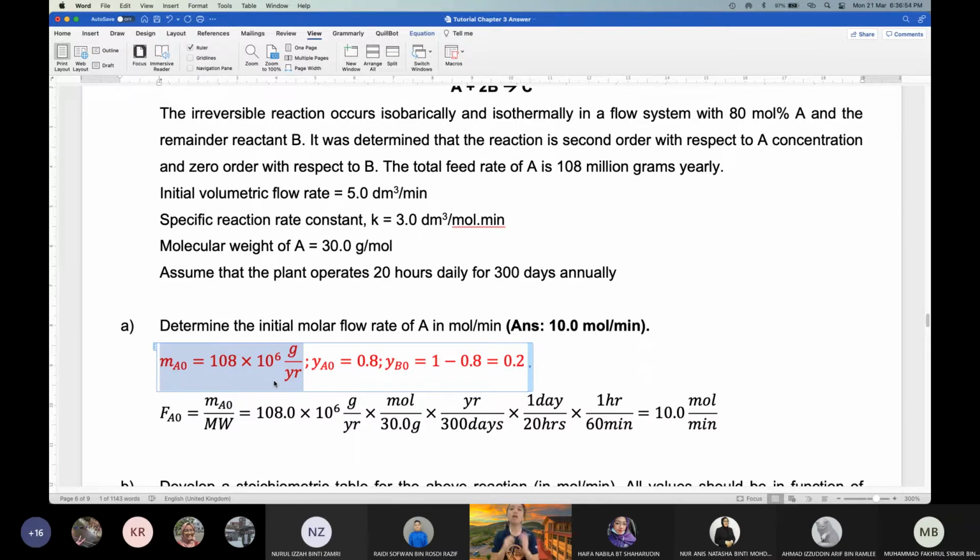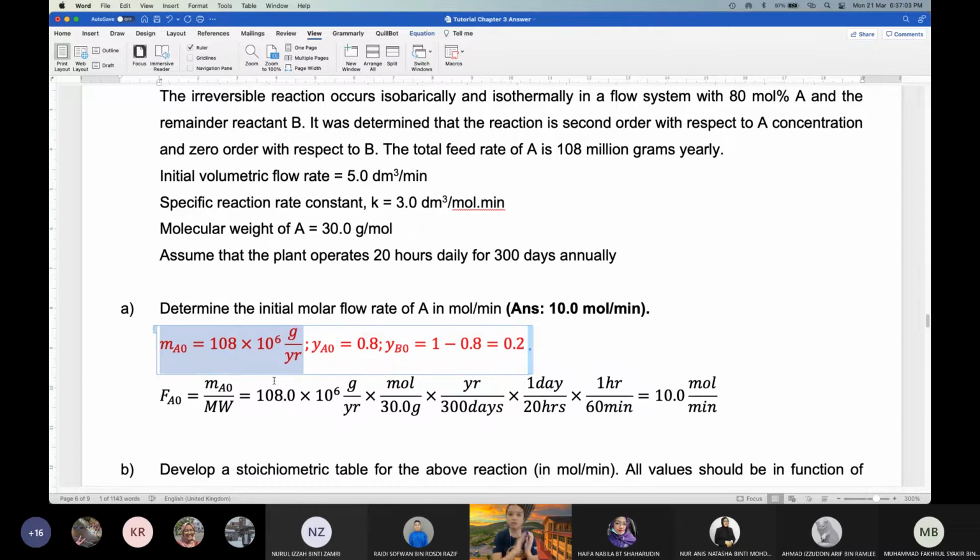But you must think, do we divide or multiply with molecular weight? For the easiest way, use unit cancellation once again. You know that you will start with the mass flow rate, 108 times 10 power 6 gram per year. Okay.